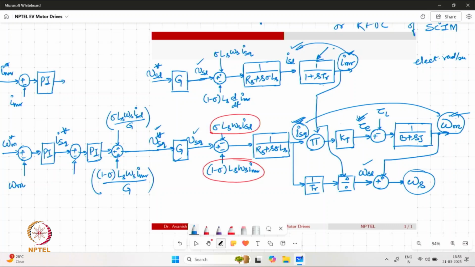And since IMR is dependent on ISD, the PI controller for the IMR loop would generate the reference for ISD. Now once again, once we have the ISD reference, we would go for feedback based control and compare the actual ISD with this, and the error will be fed to another PI controller meant for the ISD control.